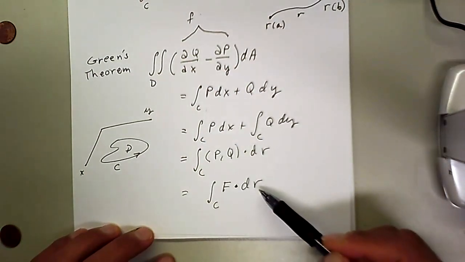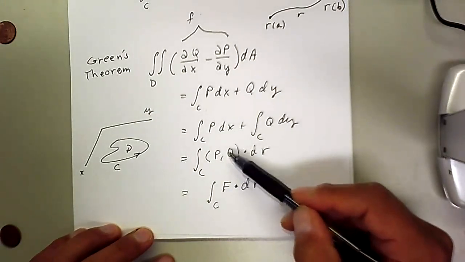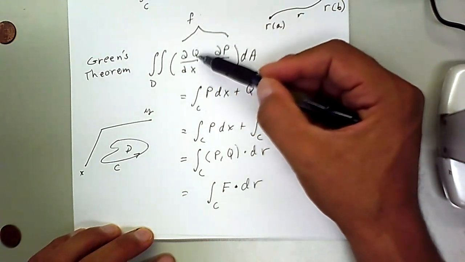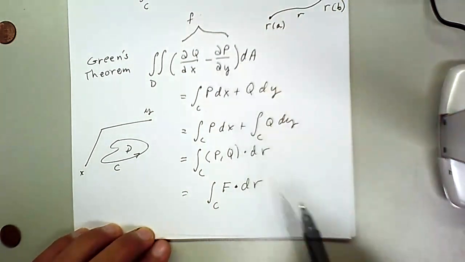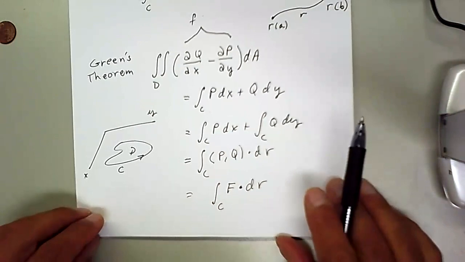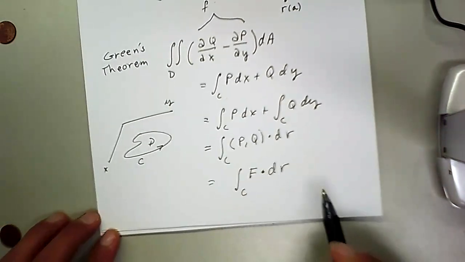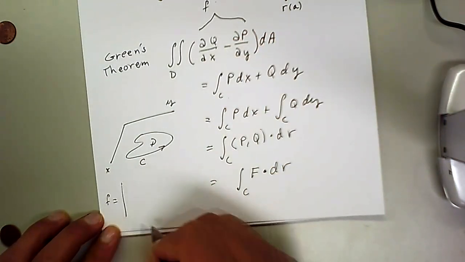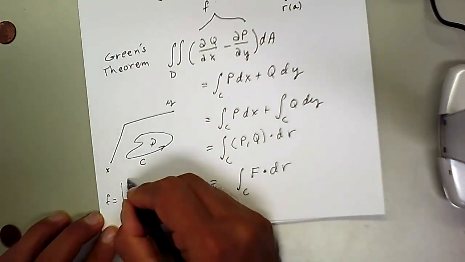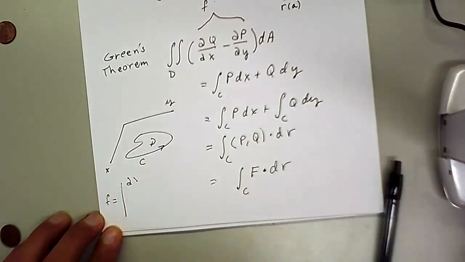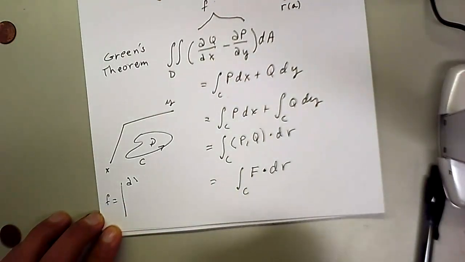So that's really what's going on. I think it's more useful to think of it this way, where F is equal to PQ, and where this little f is the partial of Q with respect to X, partial of P with respect to Y. This is a little difficult to remember sometimes. The way I remember is because I think of f as the determinant where the first row is partial, just the operator by itself.